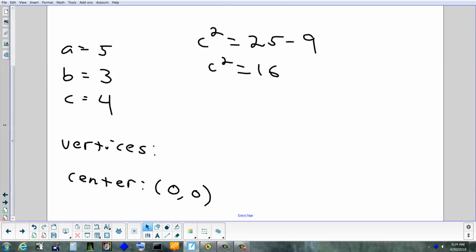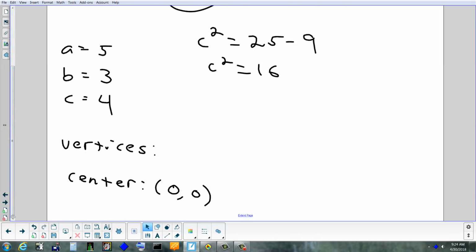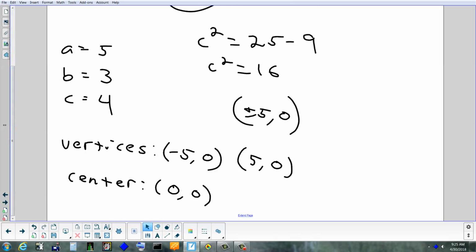Yep, left and right. The bigger number is under x. That means everything goes in the x direction. All right, so 5 units to the left of the center would be negative 5, 0. 5 units right of the center, 5, 0. If you wanted, you could put plus or minus 5, 0. Same thing.